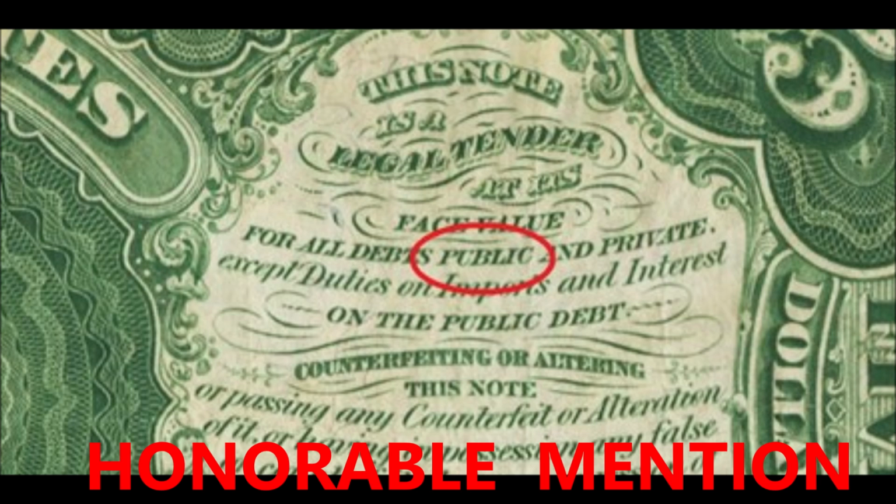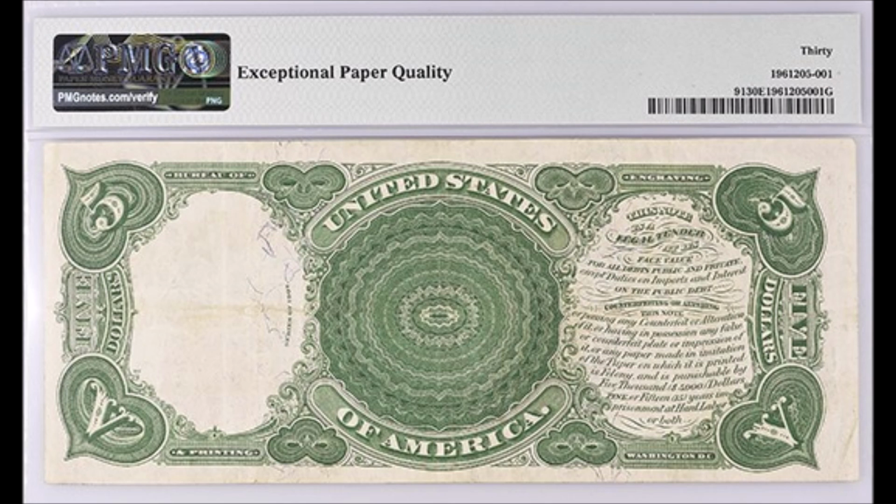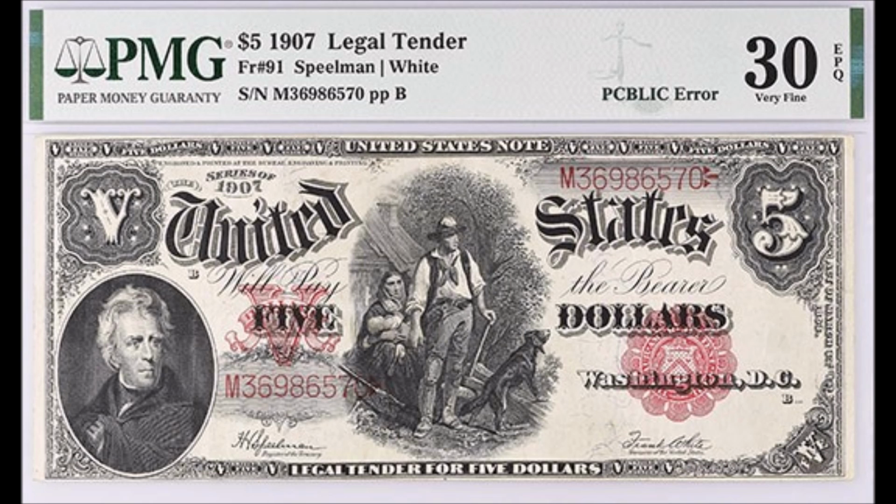An honorable mention error for this list is the PCB-LIC error. This is an honorable mention as these errors are only found on examples of the 1907 series $5 legal tender note, which are more commonly referred to as woodchopper notes.